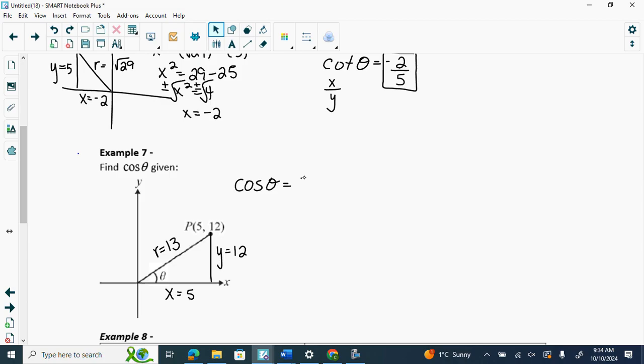Suppose cos theta equals 5 over 13. Now I want you to determine theta. What is theta? One decimal place.